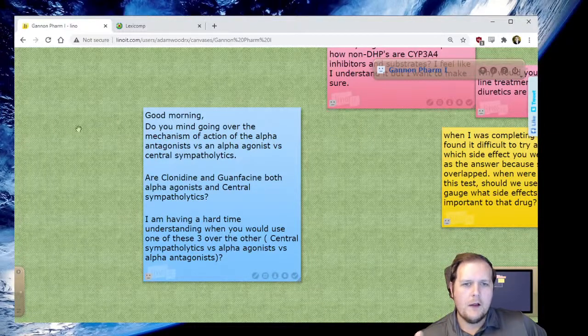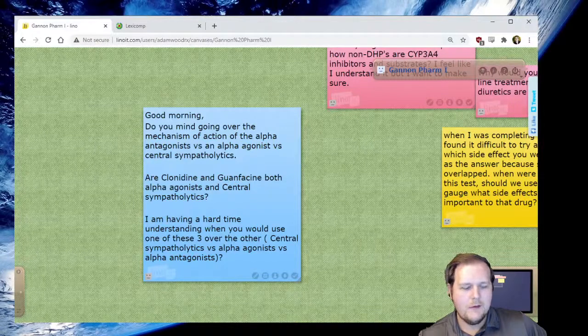So something like clonidine or guanfacine is going to work up in the brain to decrease release of norepinephrine, and thus downstream from that, if you go back to the vascular smooth muscle, there's no norepinephrine affecting those alpha 1 receptors. So it doesn't directly antagonize those receptors like prazosin does, but it shuts down the thing that would normally activate them, that would normally agonize them. So in that way, you get similar effects.